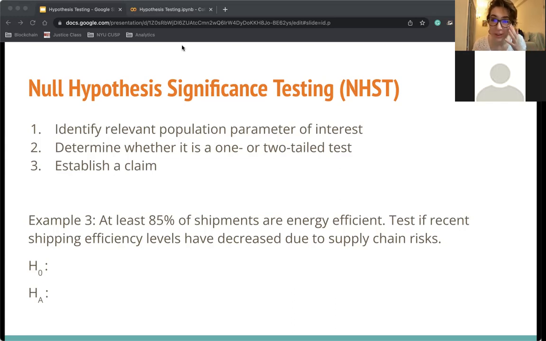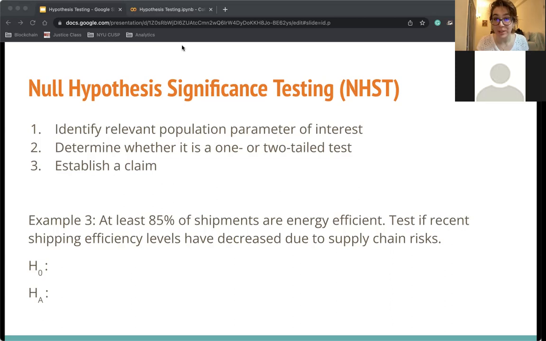Let's say you're in charge of logistics and there are new ESG requirements where you need to make sure that your shipments are energy efficient. We want to now test that 85% of all your shipments are energy efficient. So let's see if the efficiency levels have decreased due to new supply chain risks.